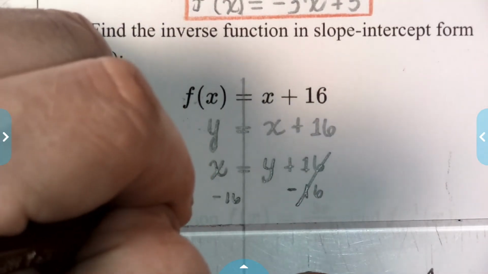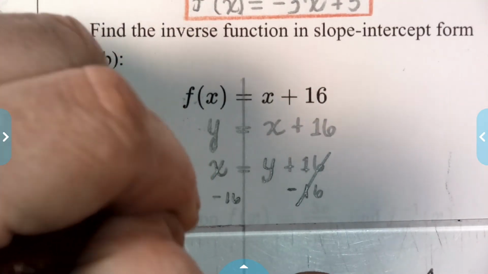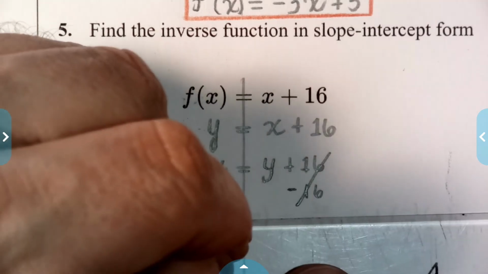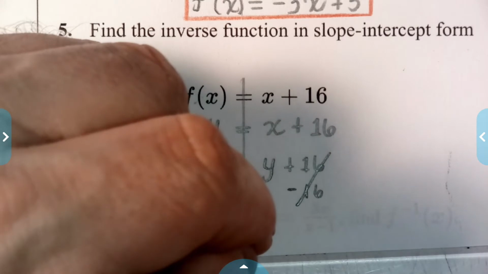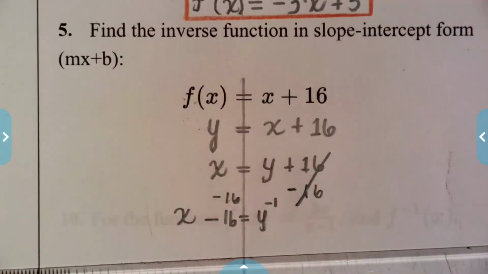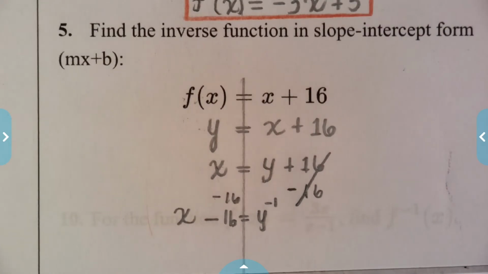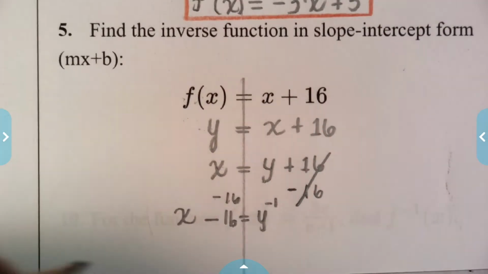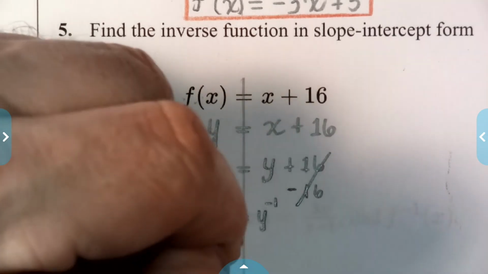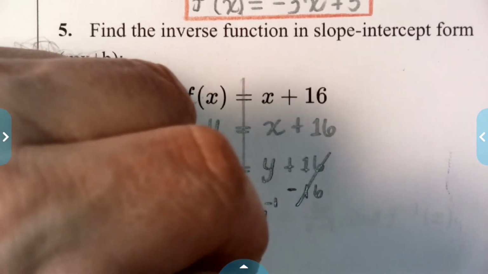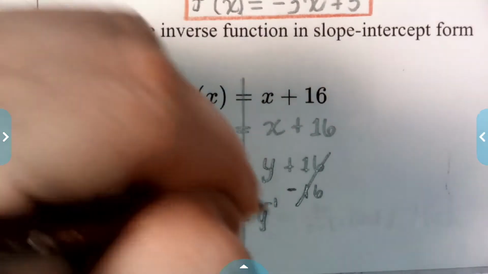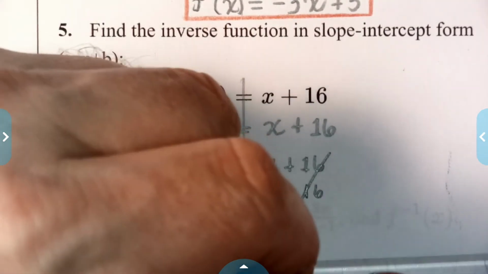So I'm going to write x minus 16 equals y inverse. Okay, that's totally legal to do. And then I can just reflect that and make it the way I want it to look, which is to have y over here. So I can write y inverse equals x minus 16. I hope that's clear. You're allowed to do that. x minus 16.